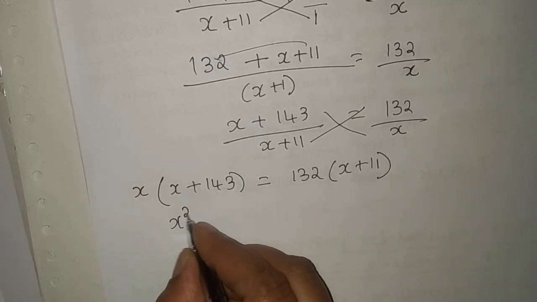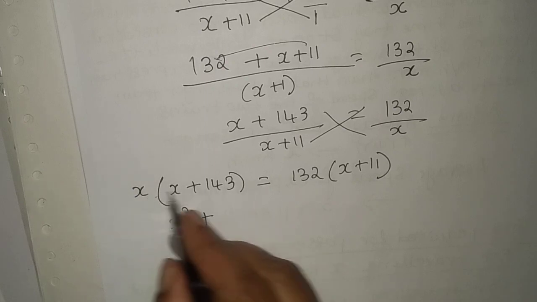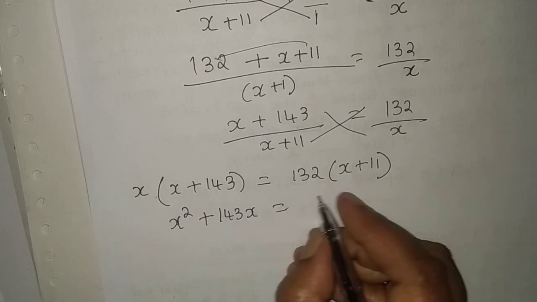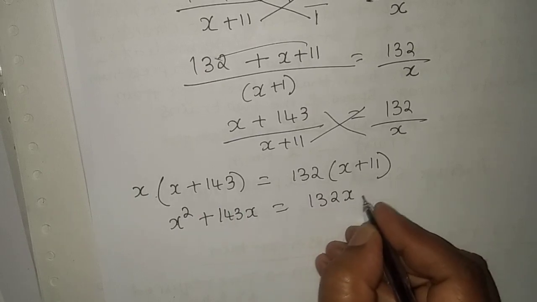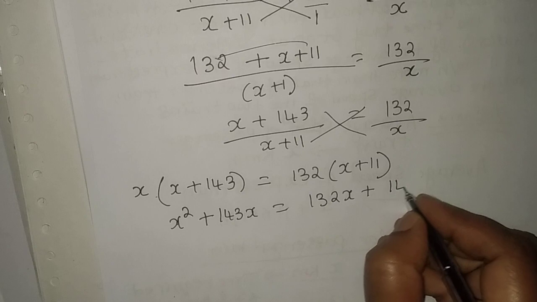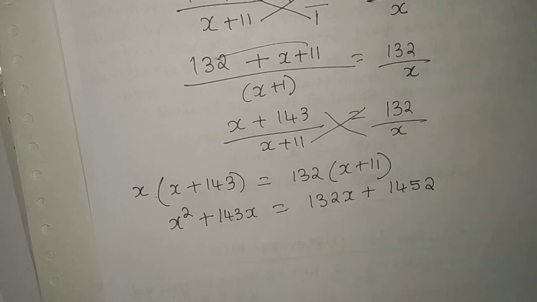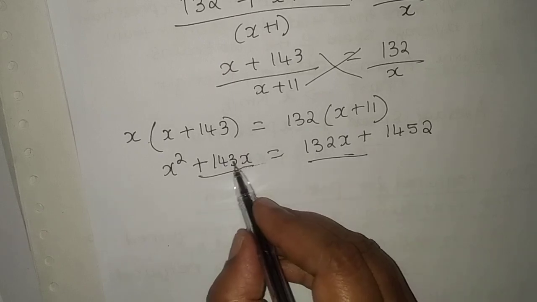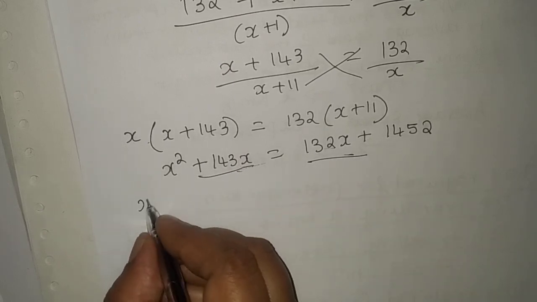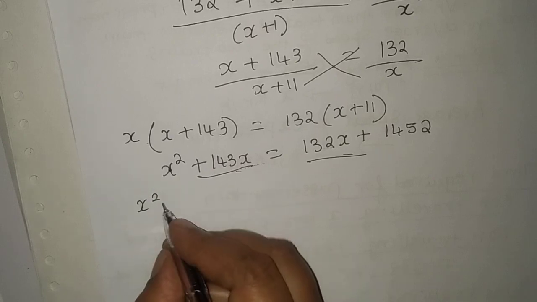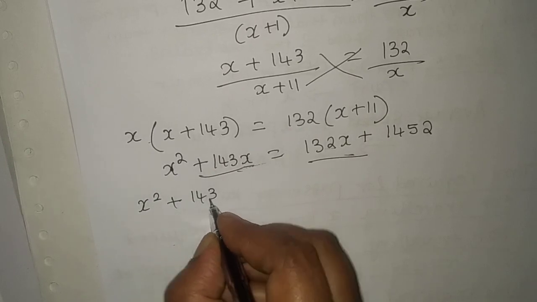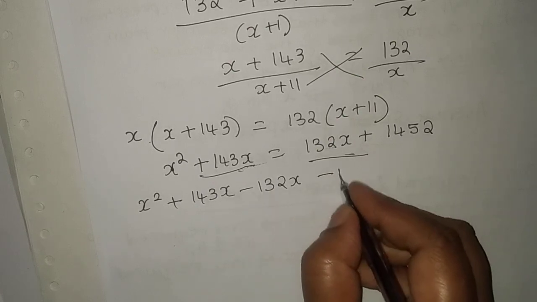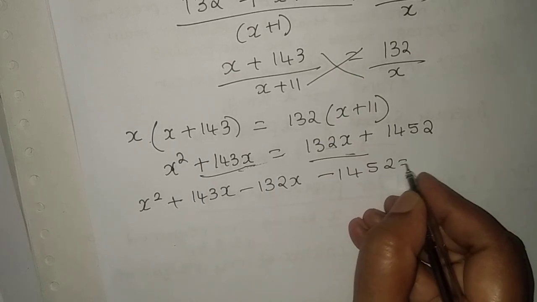So x square plus 143x equals 132x plus 11 into 132, which is 1452. Now simplify: bring these to the other side, so x square plus 143x minus 132x minus 1452 equals 0.